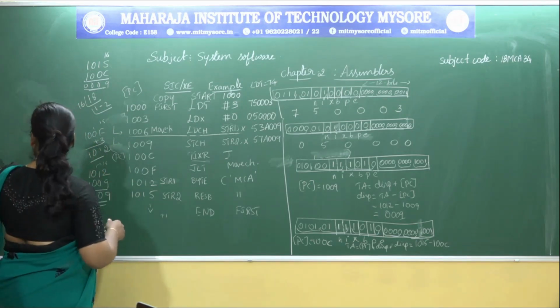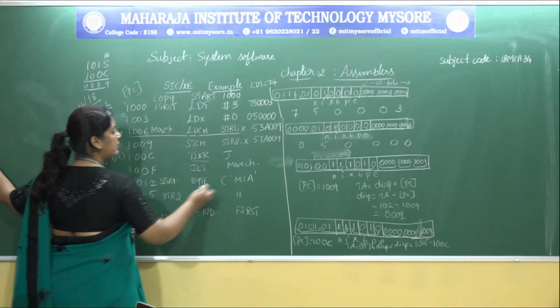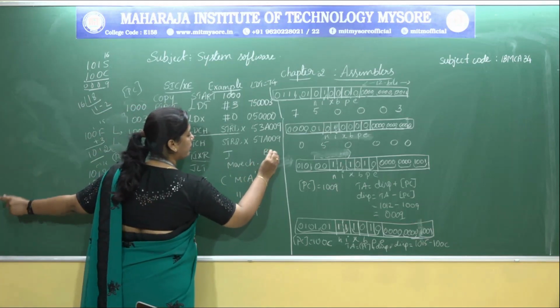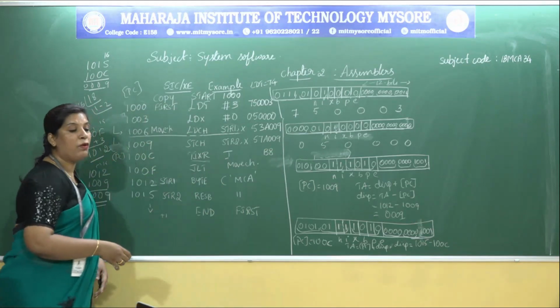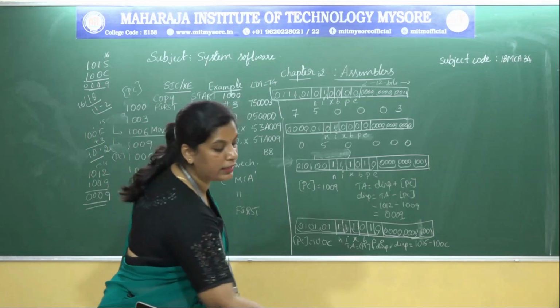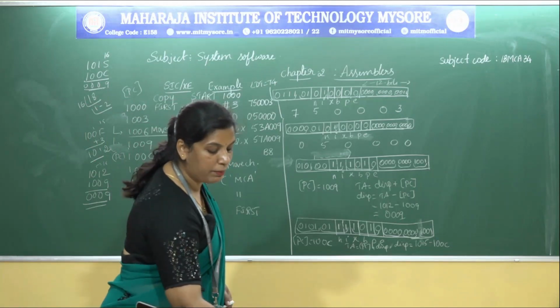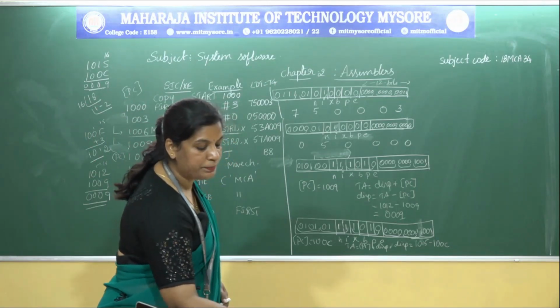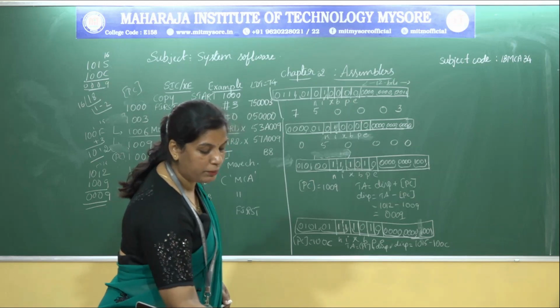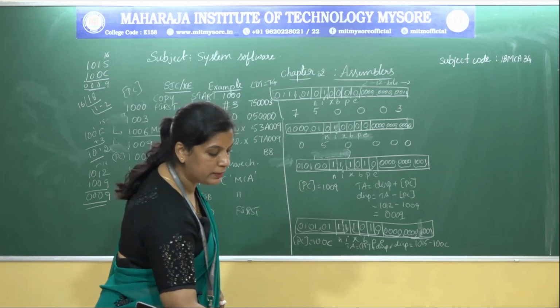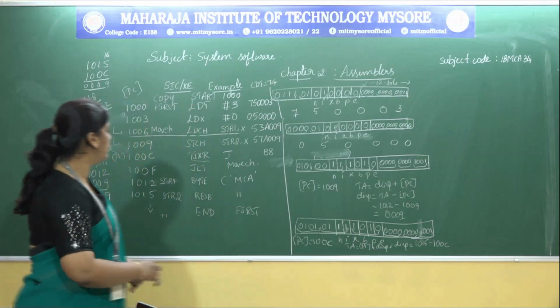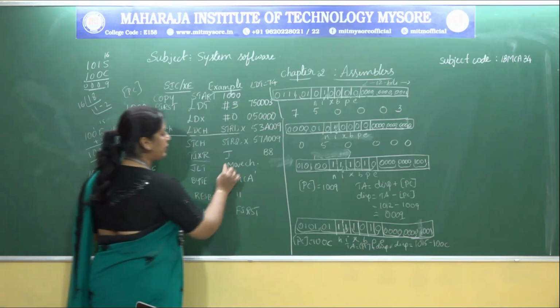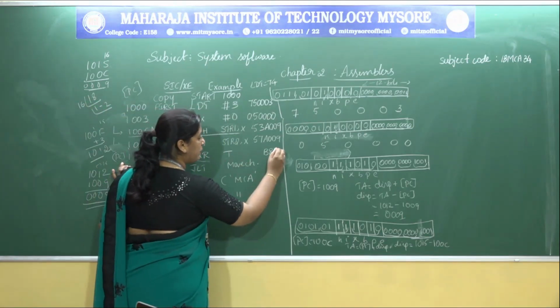What is the opcode for TIXR? It is B8. What is the number of the register T? The general purpose register T number is 5, so 05.